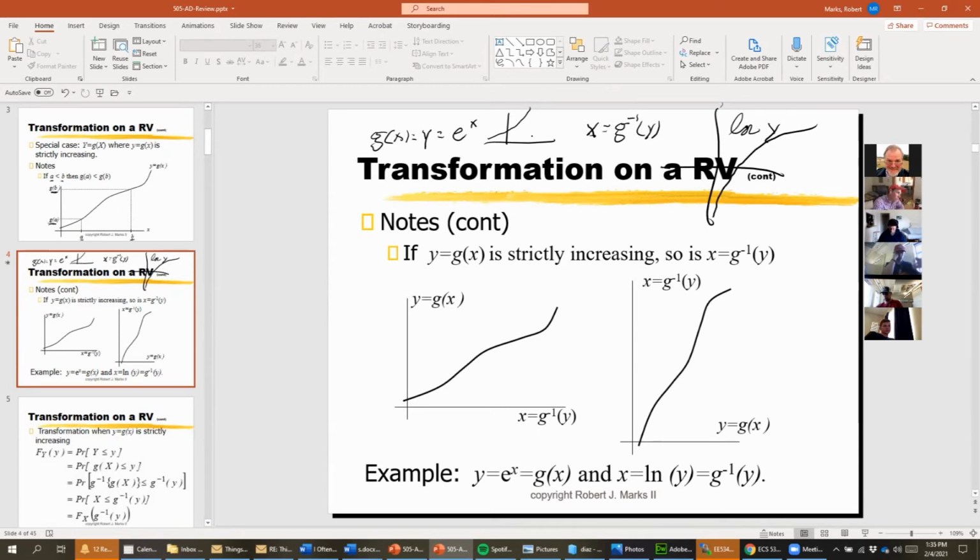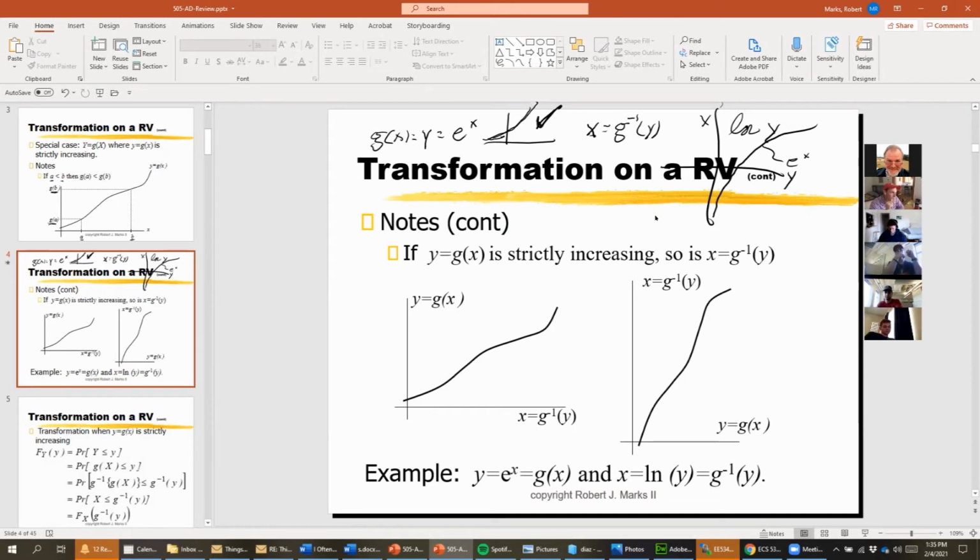You will notice that if we take e to the y and think of this as a curve, and we flip it, we get this. This is nothing more than an e to the x curve. If we have y and x here, we can think of this curve as the log of y. Or if we look at it sideways and look at x, we see that it's e to the x. Notice these curves have exactly the same form, except they're kind of flipped on each other, aren't they?